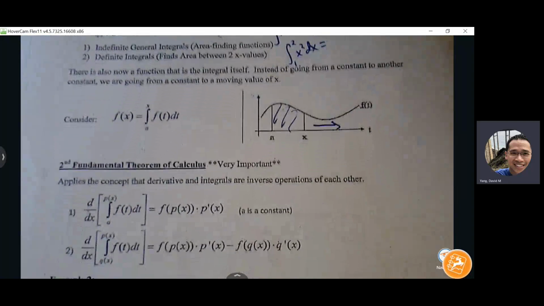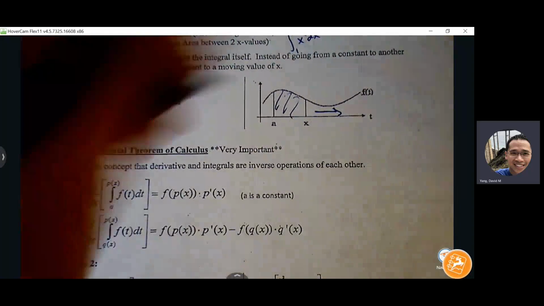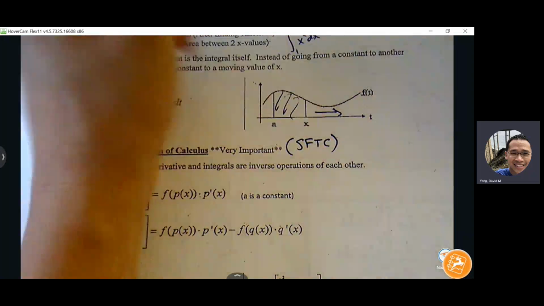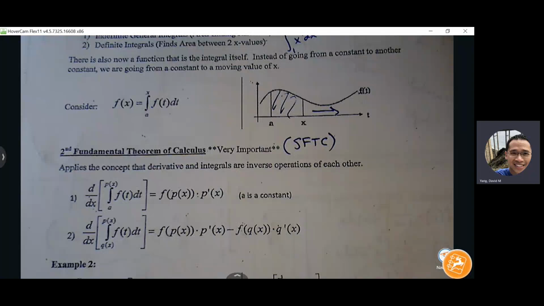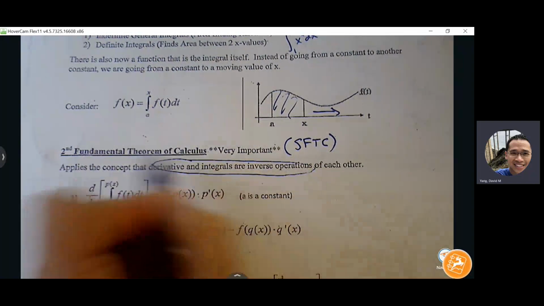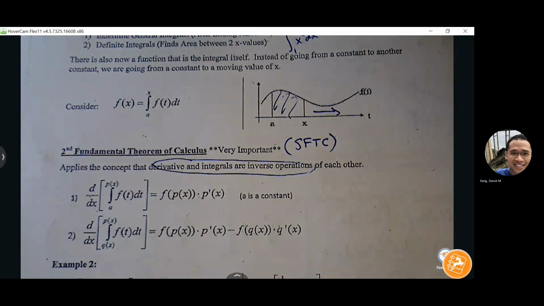Okay, so this is very important here. Second theorem of calculus. Sometimes I would abbreviate it SFTC, second fundamental theorem of calculus. So this applies the concept that a derivative and integral are basically inverse operations of each other.